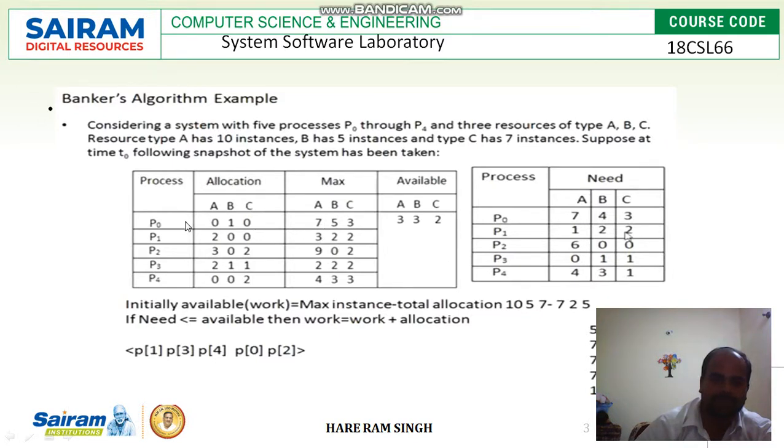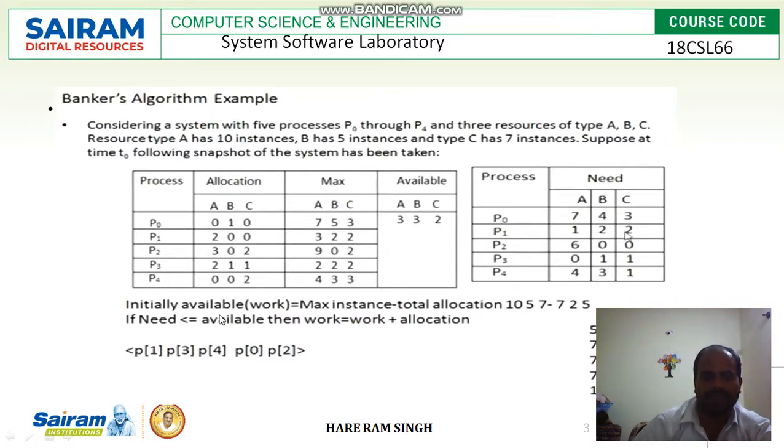Maximum minus allocation is the need matrix. So 7 minus 0 is 7, 5 minus 1 is 4 and 3 minus 0 is 3. 3 minus 2 is 1, 2 minus 0 is 2 and 2 minus 0 is 2. 9 minus 3 is 6, 0 minus 0 is 0 and 2 minus 0 is 2, and so on.